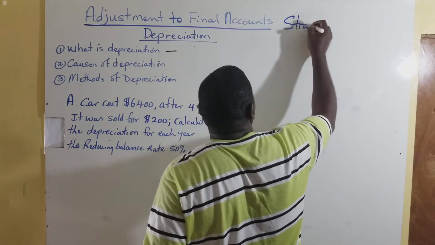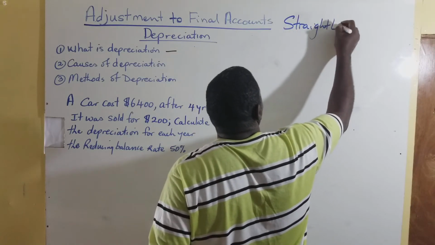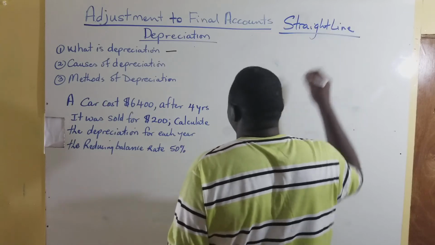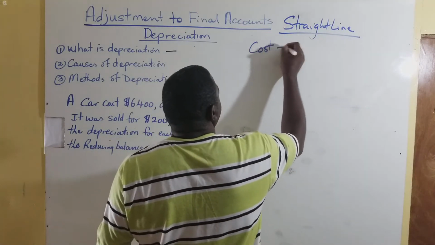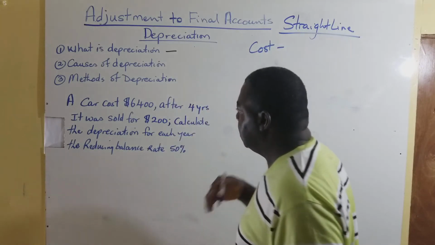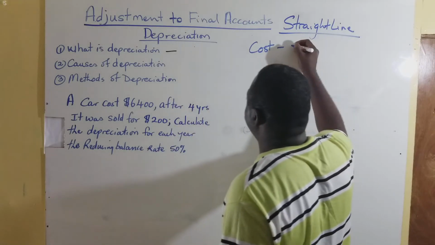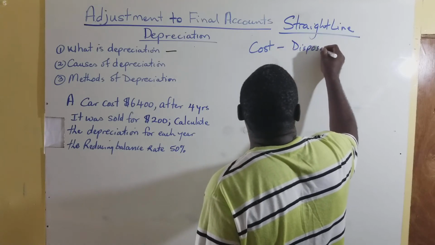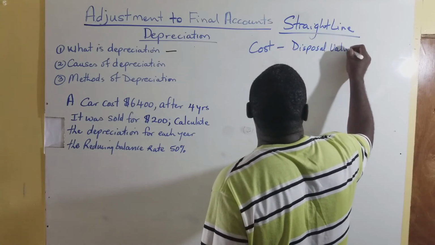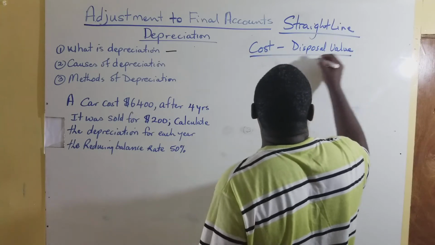So we're doing the straight line method. For this question, the cost, again, I always like to write it enough times so that you'll remember. Cost minus disposal value over the number of years.